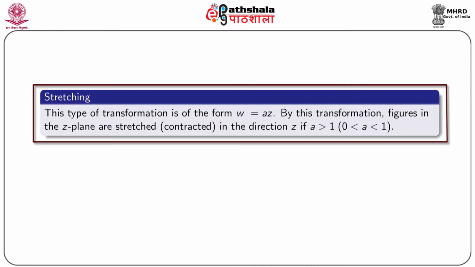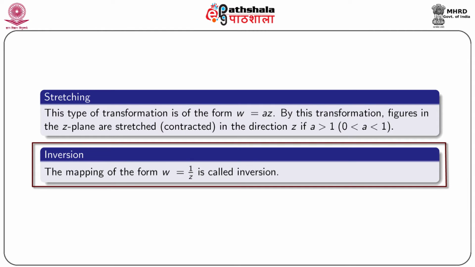So, now stretching. This type of transformation is of the form w = az. By this transformation, figures in the z plane are either stretched if a is greater than 1, or contracted if 0 is less than a is less than 1.